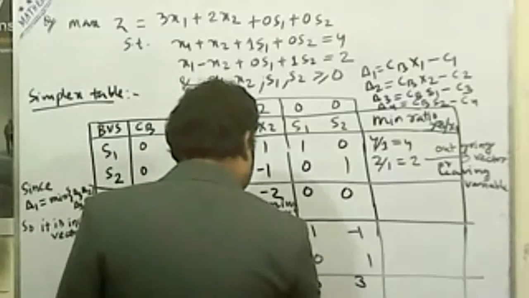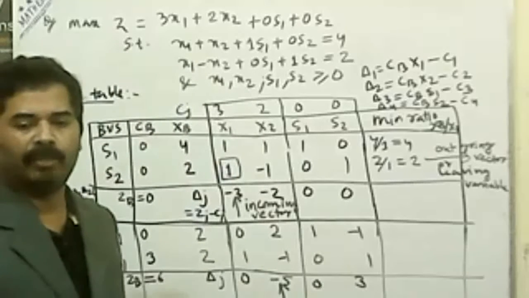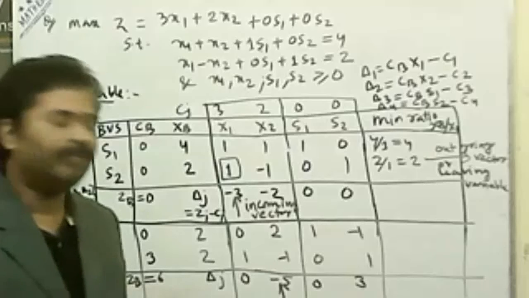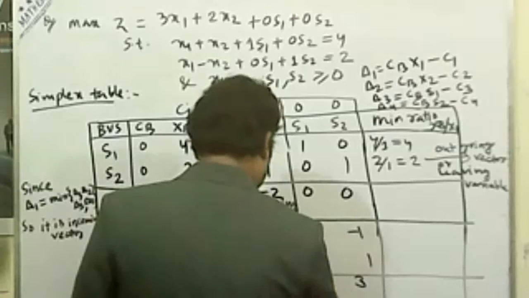Now the most negative or minimum of this delta Z is minus 5. So minus 5 is the incoming vector or entering variable. Now find the minimum ratio.